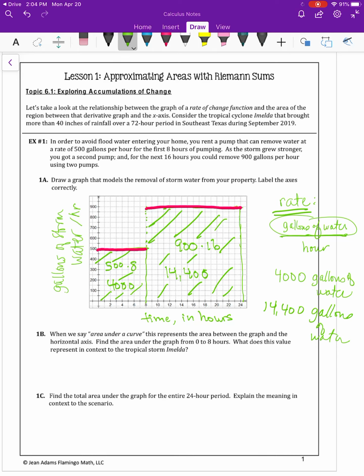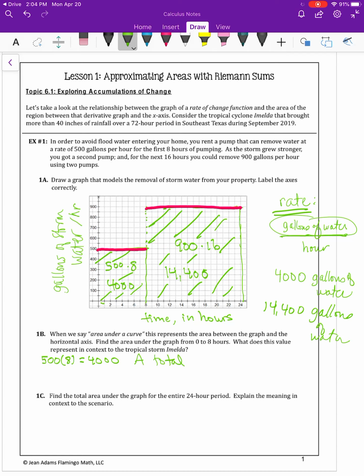So you had 4,000 gallons of water pumped out in the first 8 hours, and then 14,400 gallons pumped out in the next 16 hours. And so a total of 14,800 gallons of water. So when we say area under the curve, this represents the area between the graph and the horizontal axis. So it's between this pink graph and the x-axis.